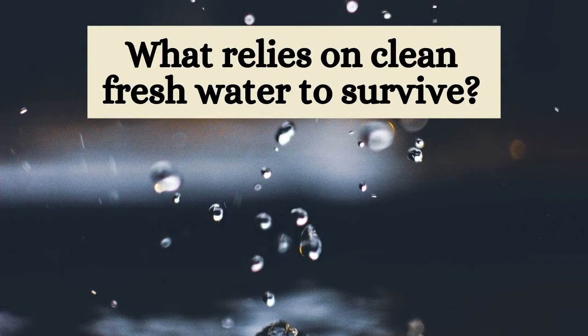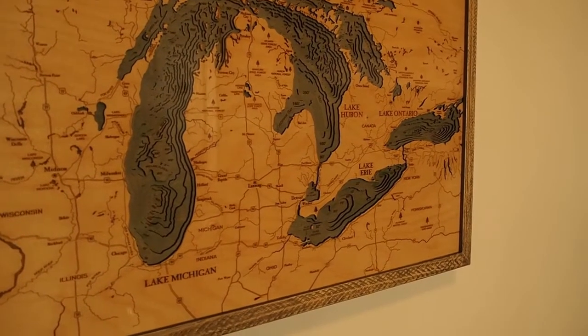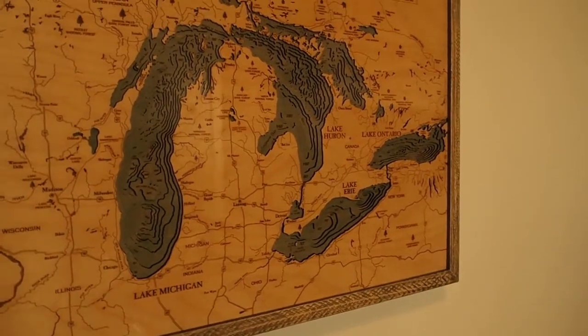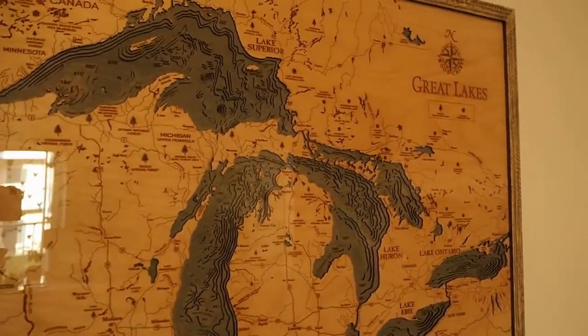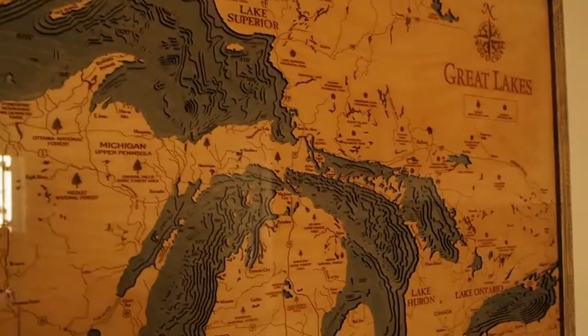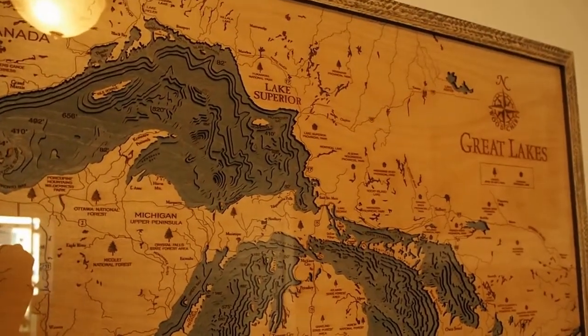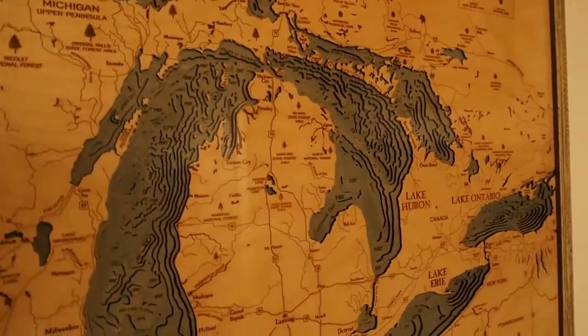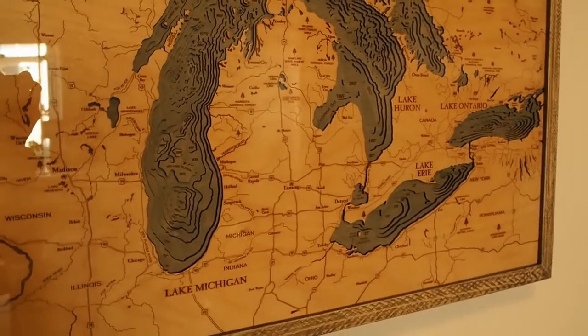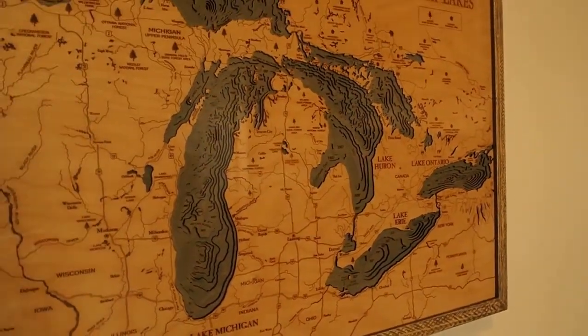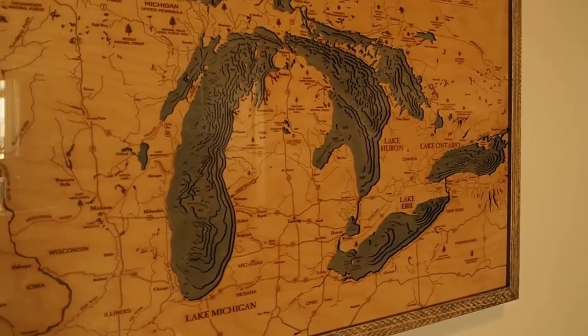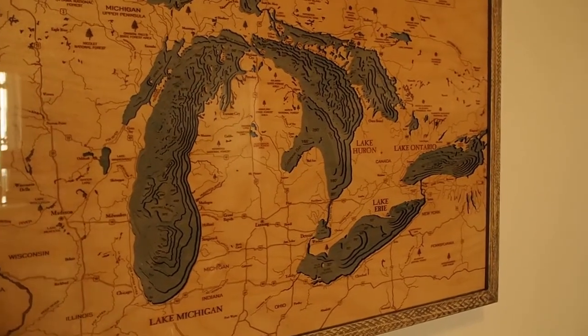If you said everything, you'd be correct. Plants rely on clean water to survive, and so do animals. Animals like snakes, beavers, fish, frogs, salamanders, deer. Any kind of animal needs water to survive, and some of them even live in water.